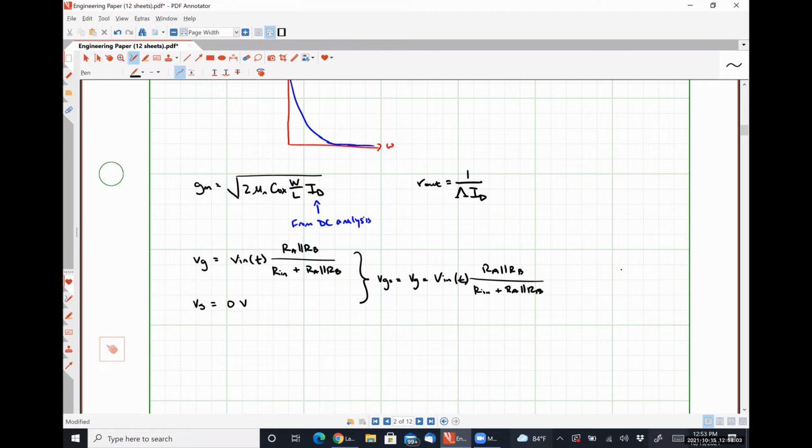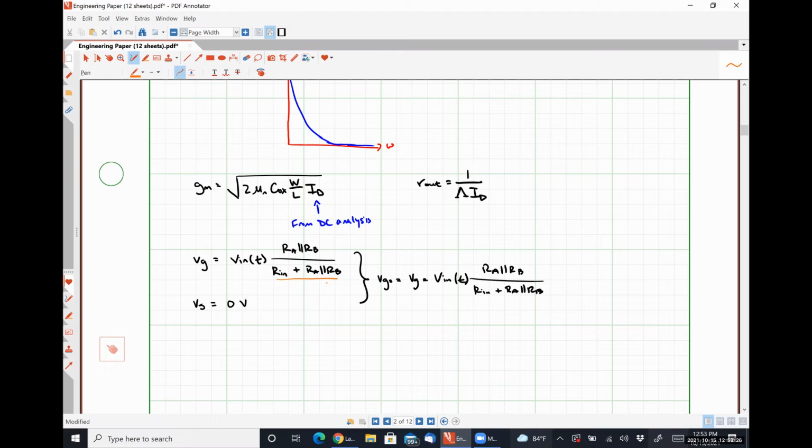So if we look at just this part right here, effectively what we're trying to do is to make VG, and by extension VGS, just equal to Vn.